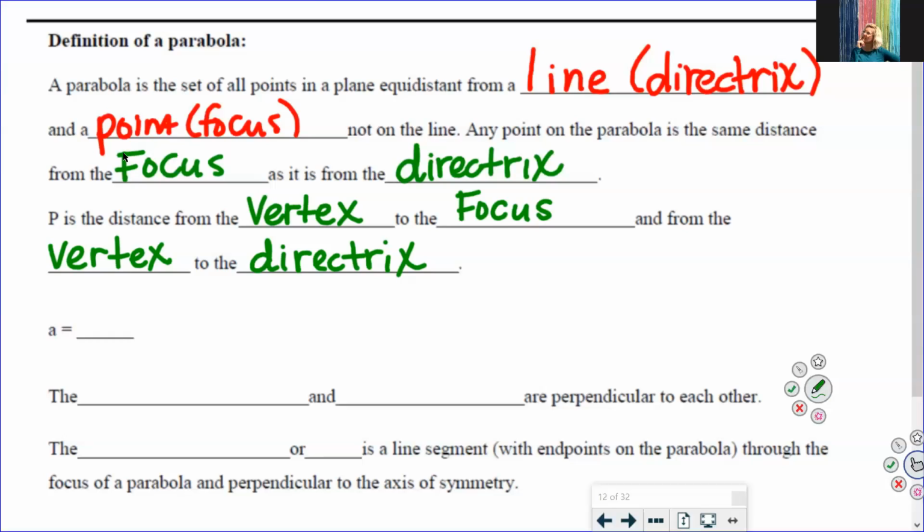So if the reciprocal of A is 4P, then A is the reciprocal of that. A is 1 over 4P. And just remember 4P is the reciprocal of A. And why do we like 4P? Because that's the official focal width.